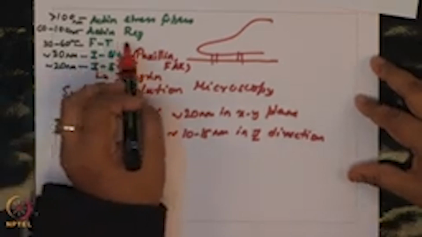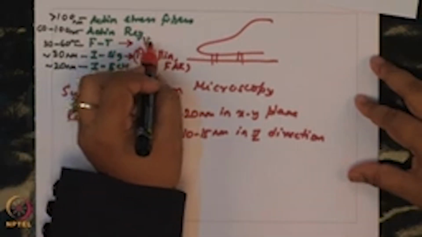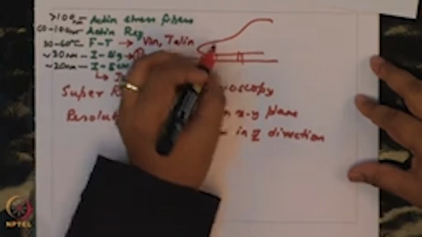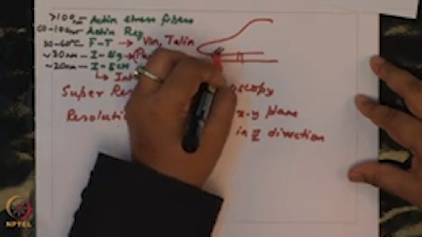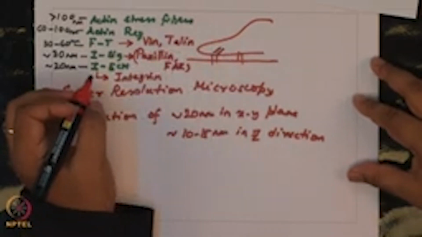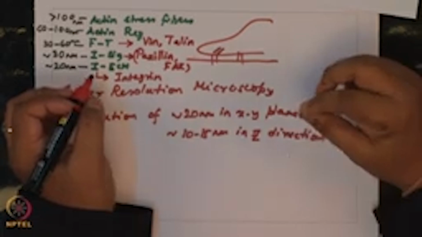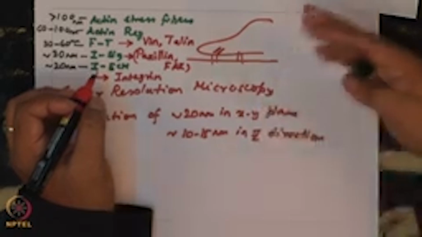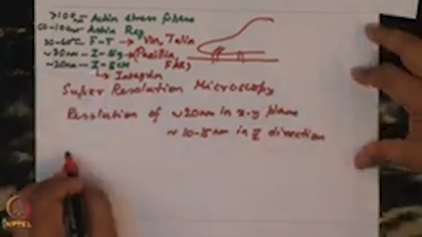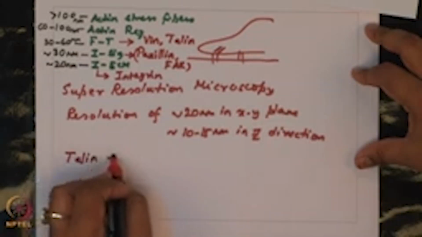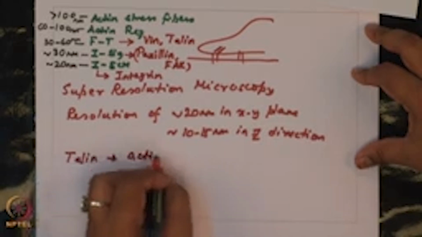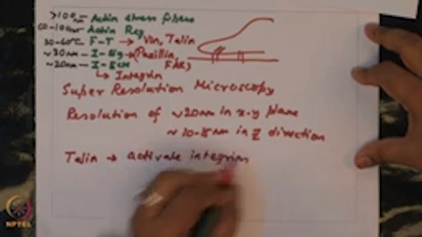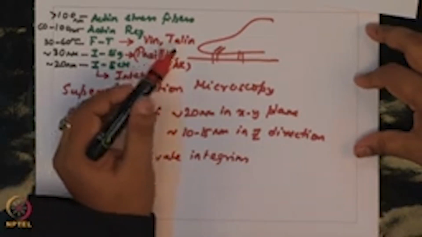In the force transduction layer, you have vinculin and more importantly talin, which exhibits an angular configuration, which means that the N-terminal domain of talin would be present close to integrins, because talin has been associated with integrin activation. Talin is known to activate integrins. You have vinculin, which also binds to talin.